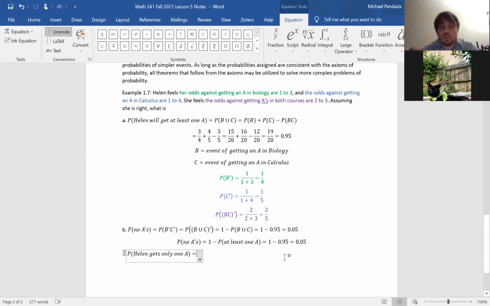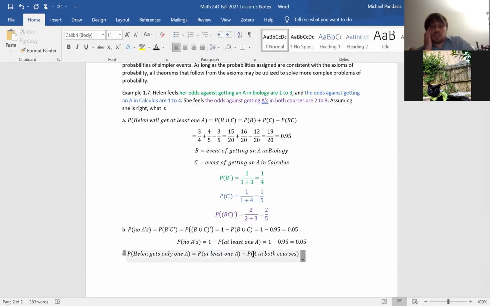Well, one way to do it is it's equal to the probability of at least one A minus the probability of an A in both courses. Right, if she gets only one A, then that would mean she gets at least one A and not an A in both. That would mean she would get exactly one or the other.